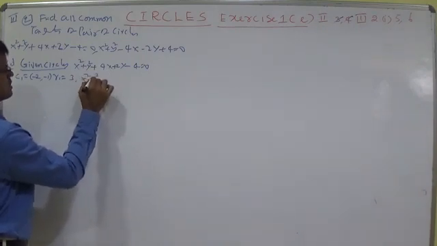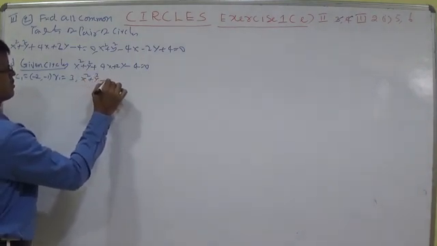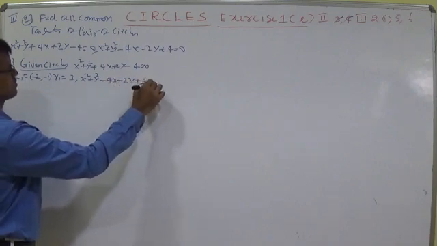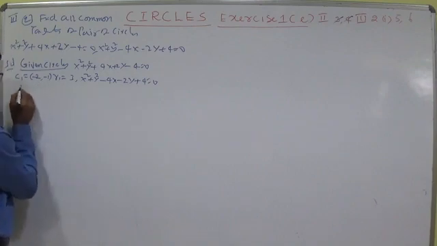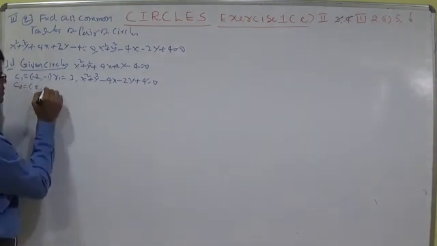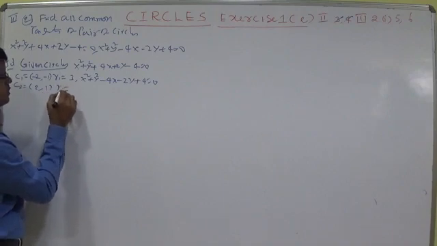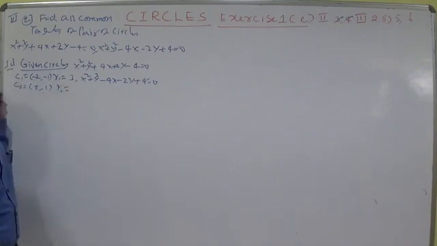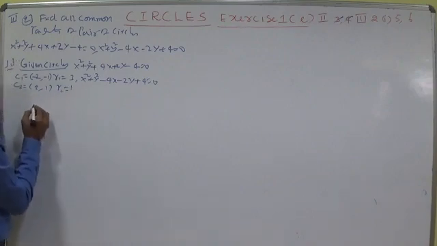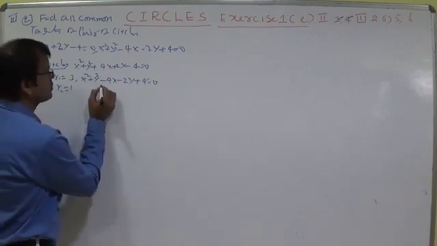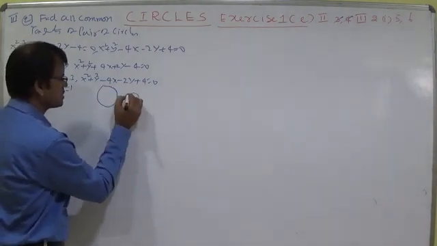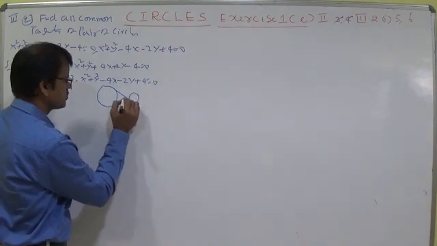Next, the second circle, x square plus y square minus 4x minus 2y plus 4 equal to 0. C2 is here (2, 1), and R2 is root of g square plus f square minus c, 4 plus 1 minus 4, so it is 1. We should calculate all common tangents, so you should consider TCT and DCT also.